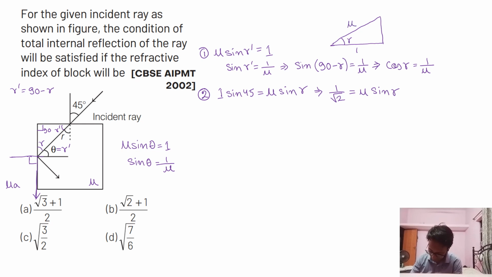What is this side? Applying Pythagoras theorem, it is under root of mu square minus 1 square. So sine of r is perpendicular by hypotenuse, or under root mu square minus 1 divided by mu.